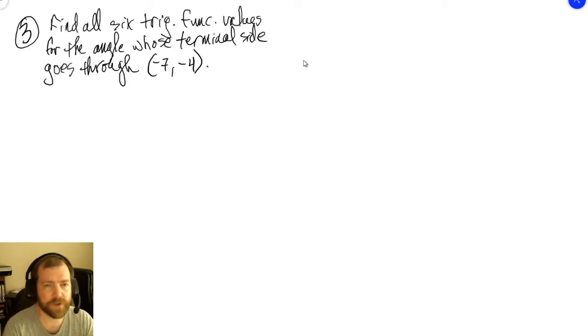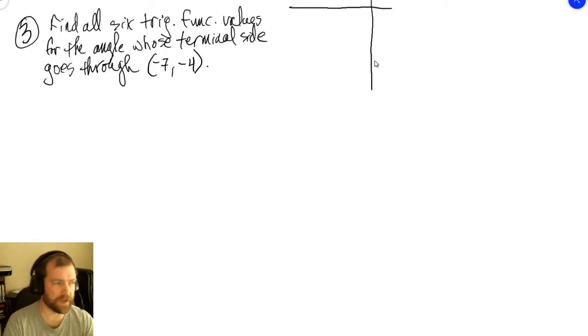When I was doing this with trig earlier, we said pretty much the first thing you always want to do in trigonometry is to draw a picture.